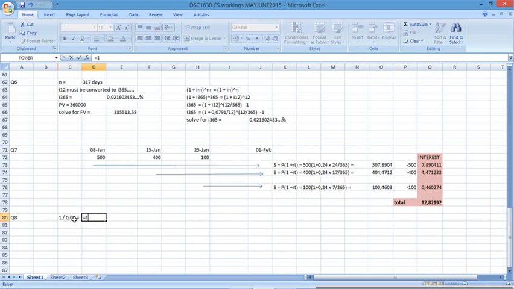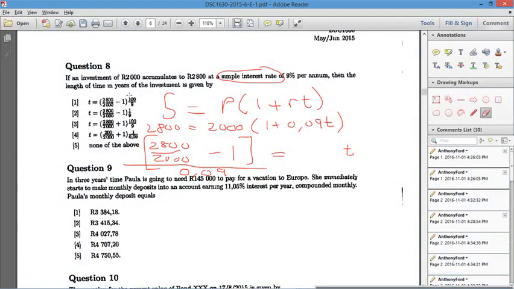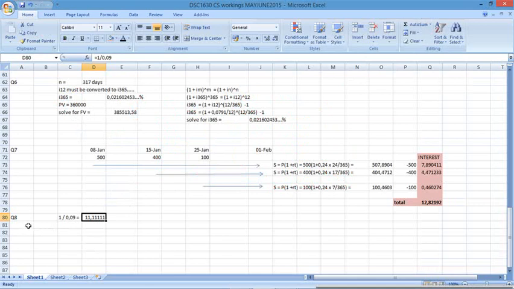Let's check. 1 divided by 0.09 is 1.11. So 100 over 9 is 0.01, or 1 over. So option 1 is definitely correct for this one.